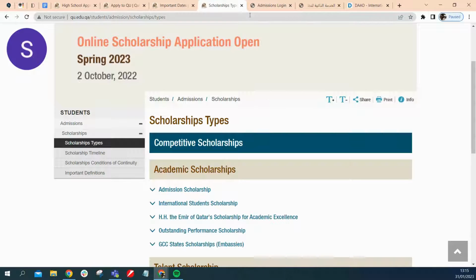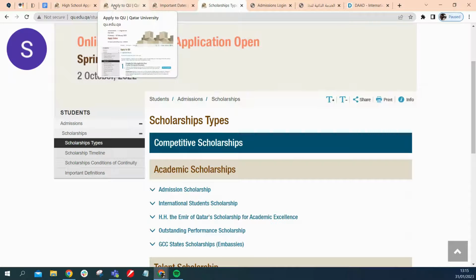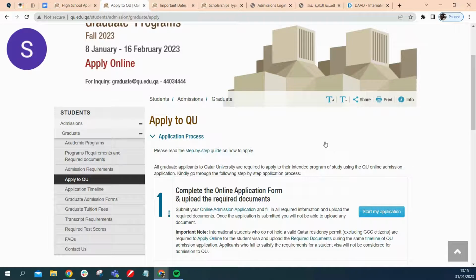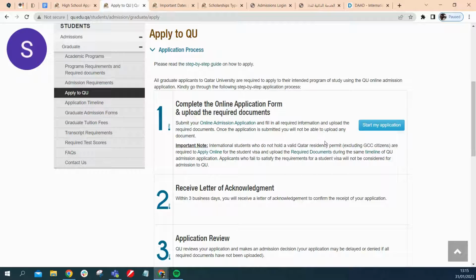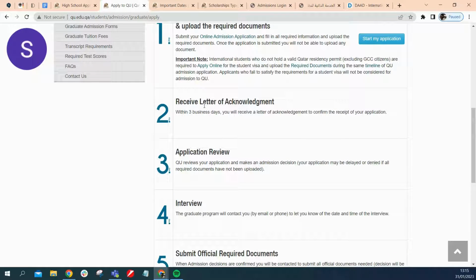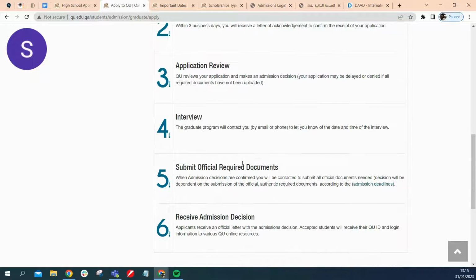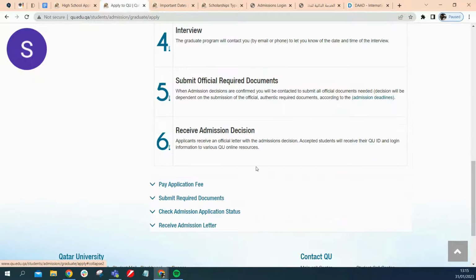And yes, having gone through this, the main thing left is for us to see how to make this application. So it says for you to do this application, first of all, you have to complete the online application form. And the next things after completing are: receive a letter of acknowledgement, application review, interview, submit official required documents, and receive admission.